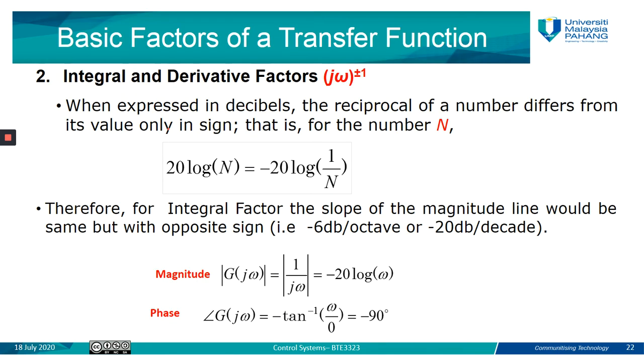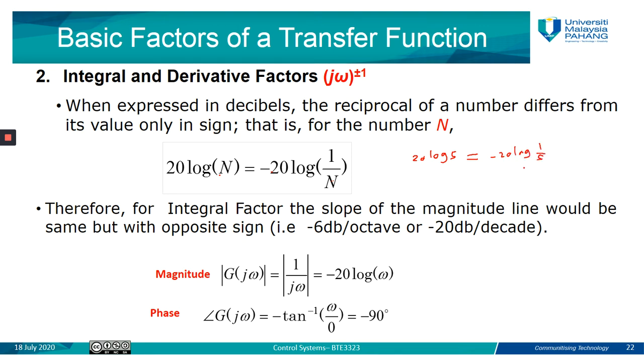In the case of the pole, actually the situation is the same. We have the slope 20, but here it will be negative, because in the case of the pole, the value will be in the denominator, not in the numerator. Instead of 20 log n, we will have negative 20 log 1 over n, because 20 log 5 must equal negative 20 log 1 over 5.